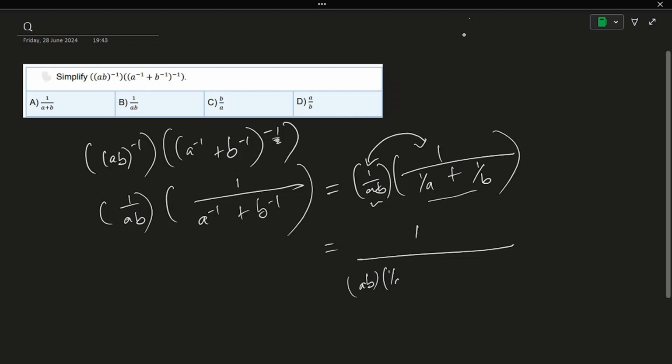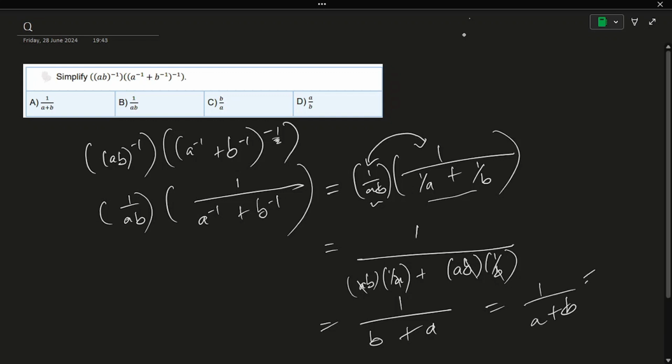So that's 1 over a, and then ab also multiplies 1 over b, like that. So this is going to be a and a goes, and we'll be left with 1 over b plus, and b and b goes, plus a. So this is the same as 1 over a plus b, which is A in this case.